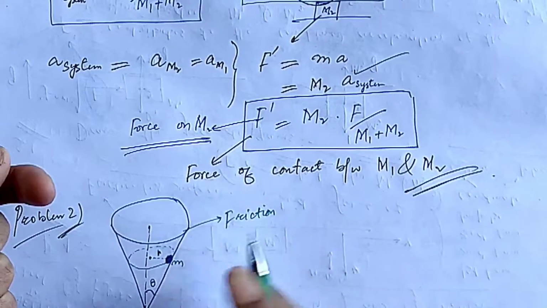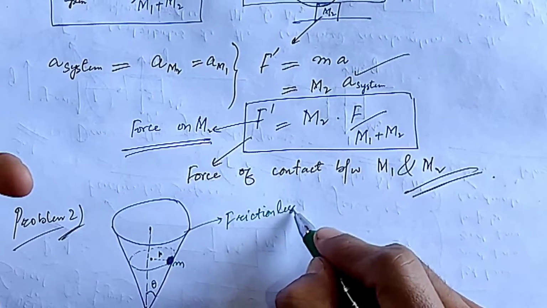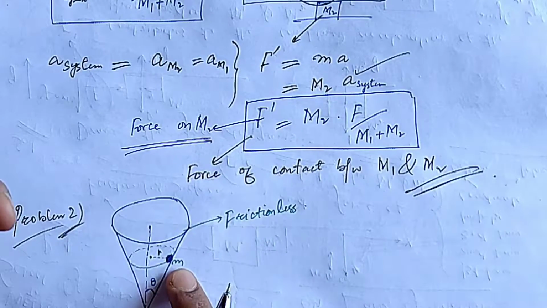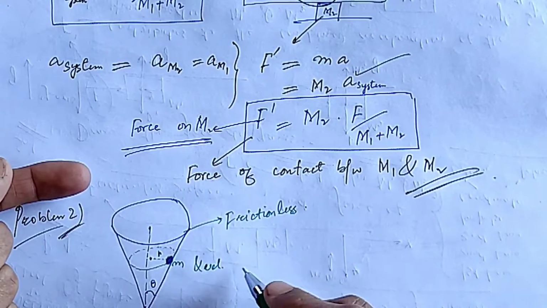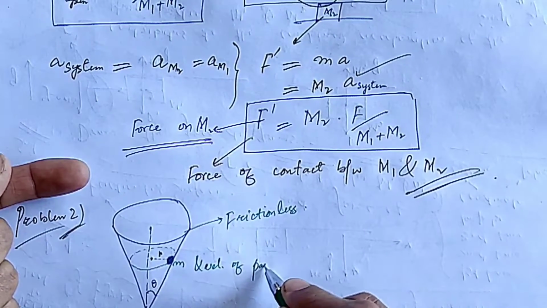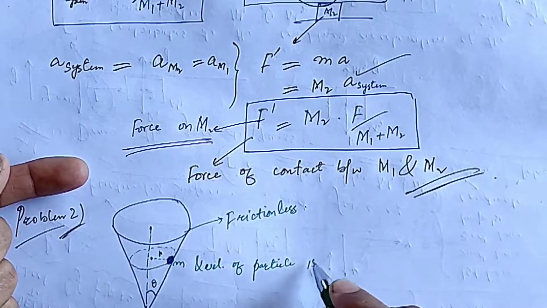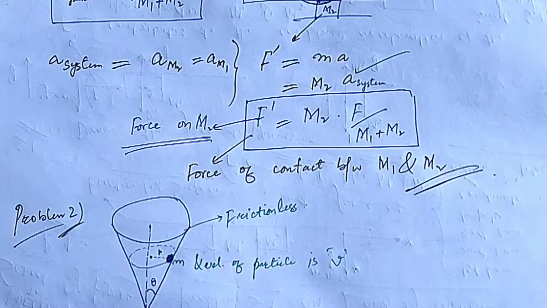This is the problem: a frictionless cone, a body moving inside it in circular motion with mass m, and the velocity of the particle is v.